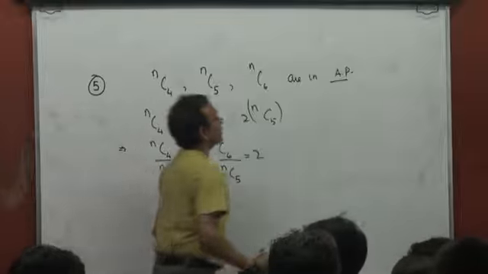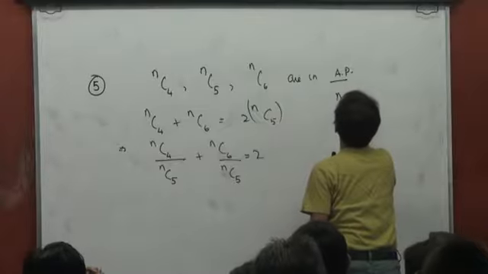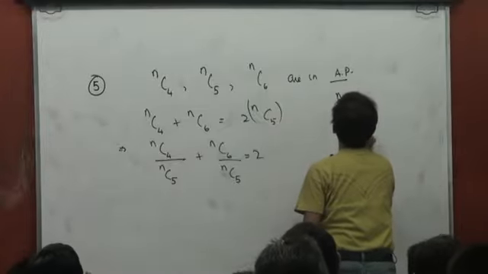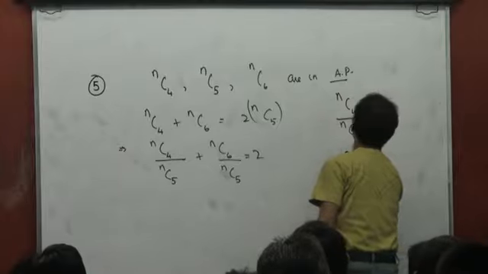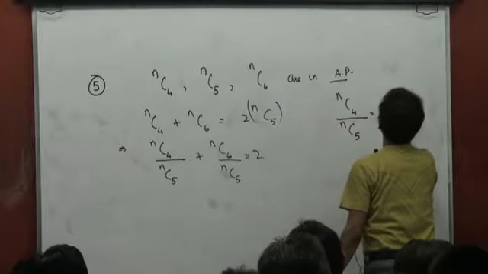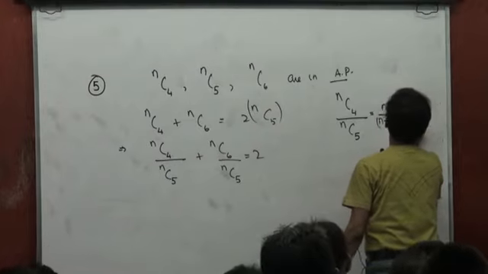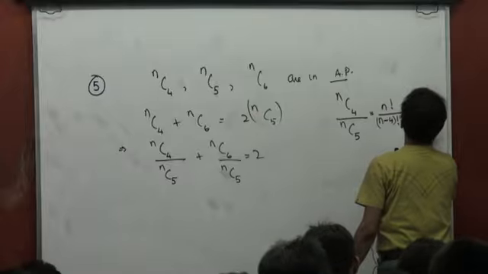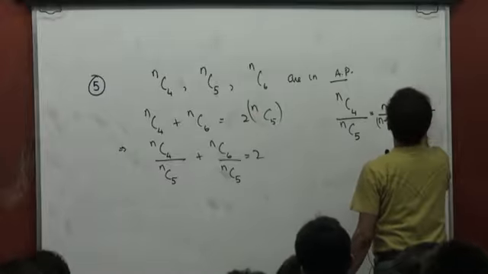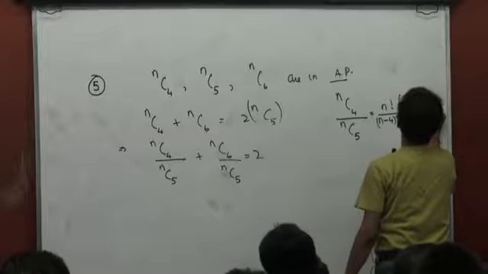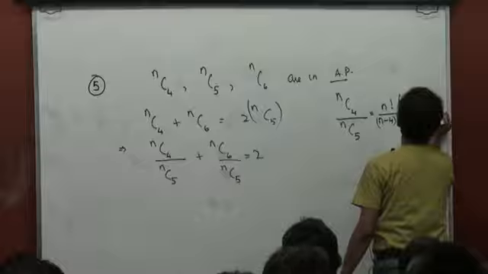So now, look at this. NC4 by NC5 is n factorial by n minus 4 factorial by 4 factorial, over n factorial by n minus 5 factorial by 5 factorial.